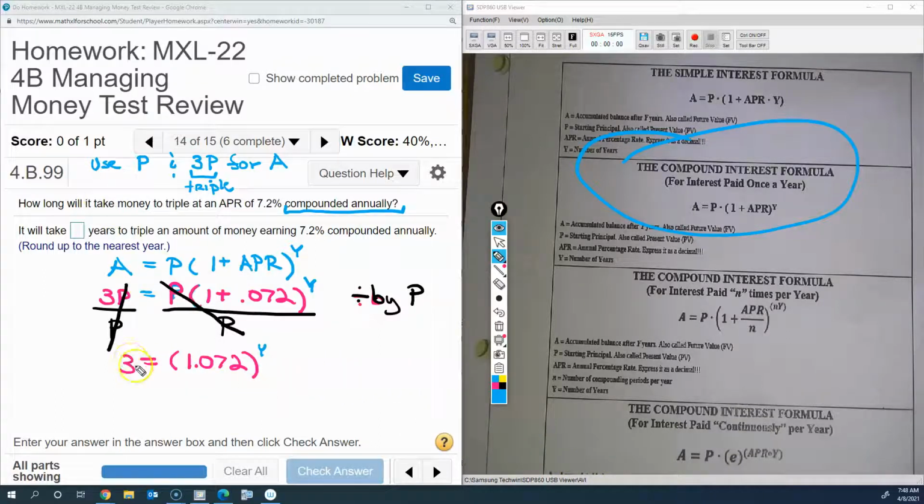Okay, this is now when you take the log of each side. So I'm going to do log both sides. So I'm going to have log 3 equals log.